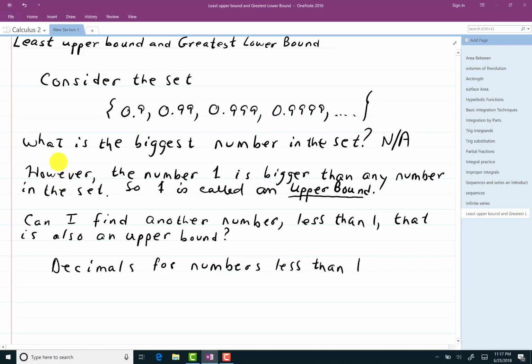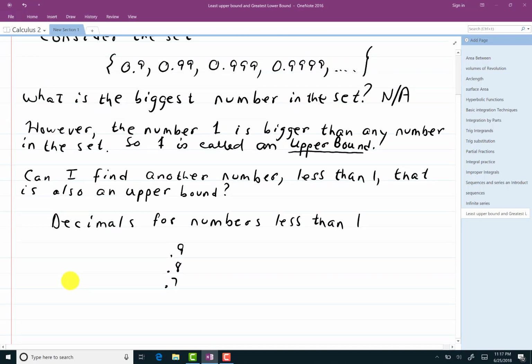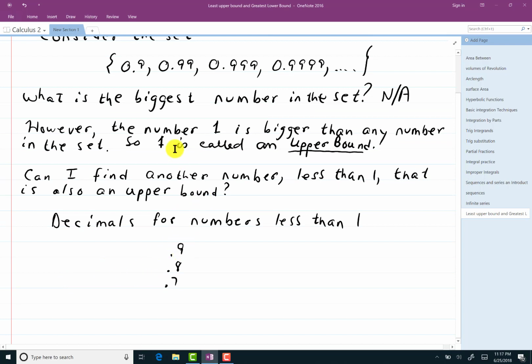Okay, so if we look at decimals, we could have numbers like this. We could have 0.9, you could have 0.8, you could have 0.7. Any of these things are less than 1, but the problem is that none of these are bigger than every number in the set. So any number of these forms has no chance. So I'd have to start doing 0.9s. Can I come up with a number that's less than 1?